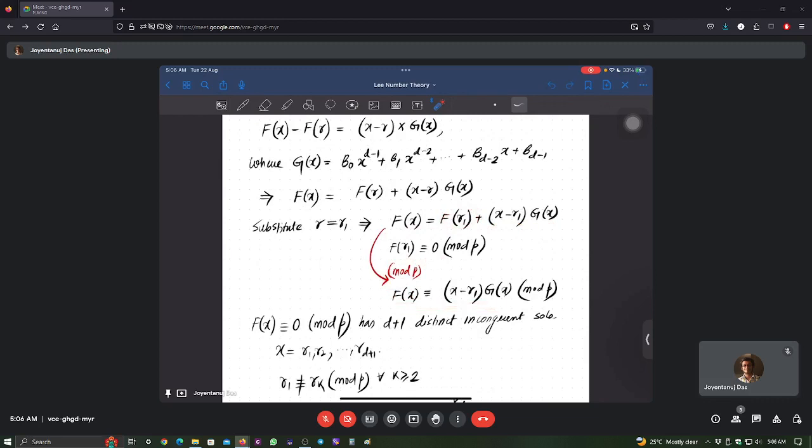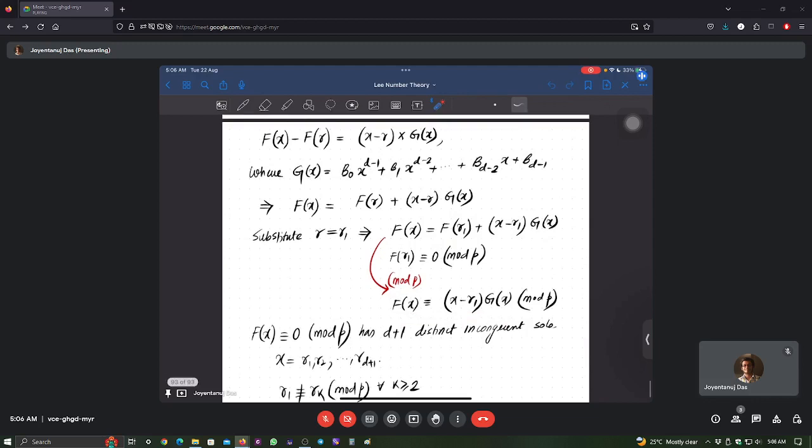So from f(r1), you're saying since it's a solution, it is congruent to zero mod P. Yes, r1 is a solution to this congruence, right? f(x) equals 0 mod p. So if I substitute r1, it will become 0.